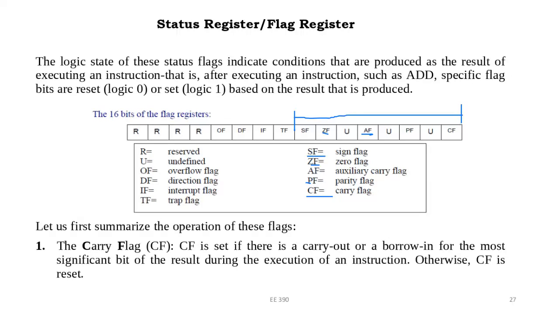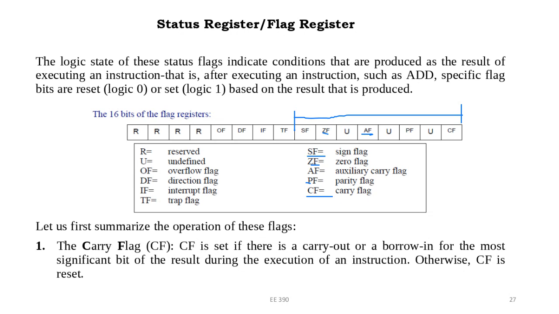And there are other 3 bits. They are called U. U is for undefined. It has no value, so it is not an issue.